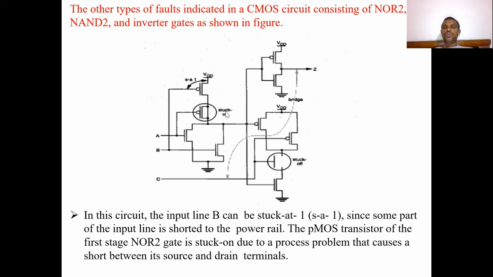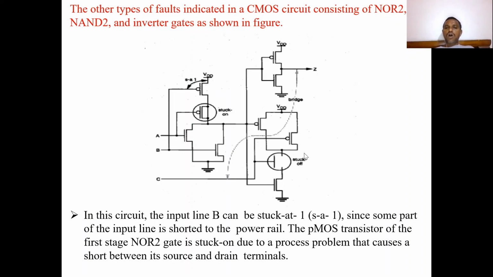So due to these physical defects, we are getting the stuck-on fault. The PMOS transistor of the first stage NOR2 gate is stuck on due to the process problem that causes a short between its source and drain terminals. This is one fault. Now another one we can observe here: stuck off. Here we have seen stuck on. Then what is stuck off?